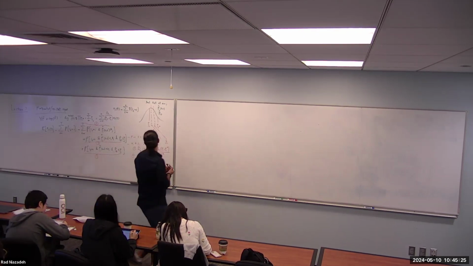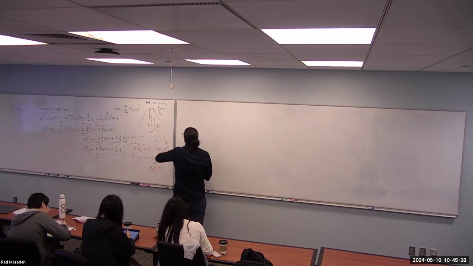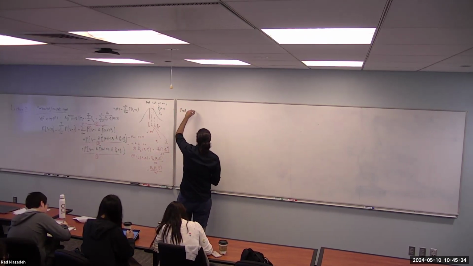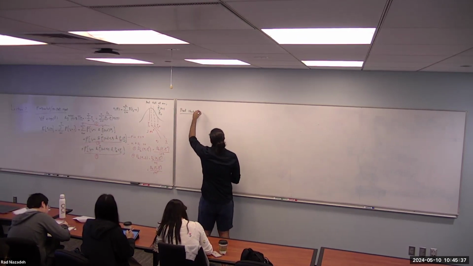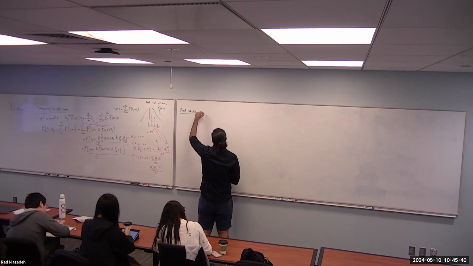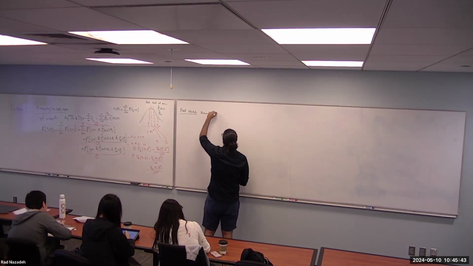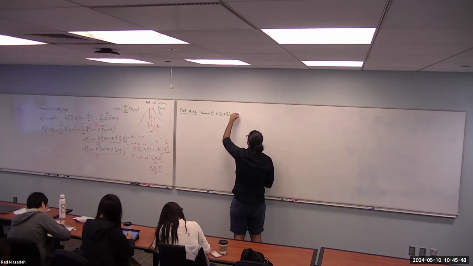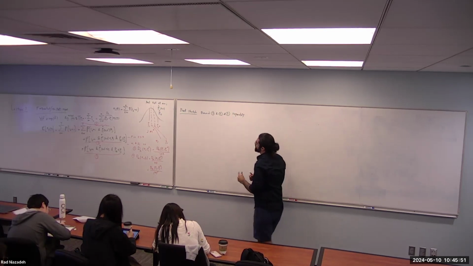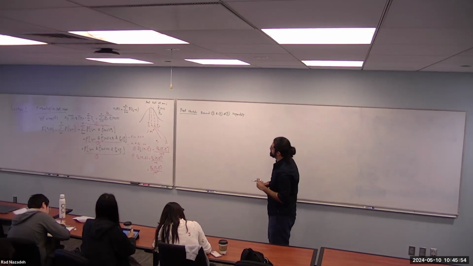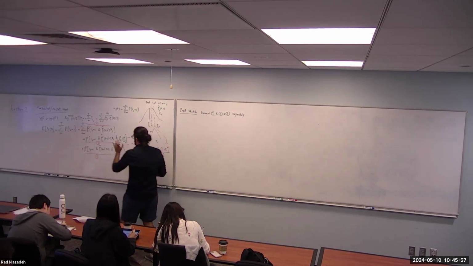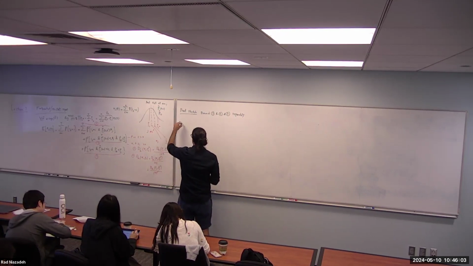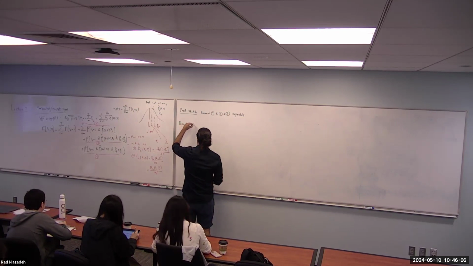So this is a sketch of the proof, bounding 1, 2 and 3. So let's start from one of them, which you already should be able to bound, and that's 1. So bounding 1.